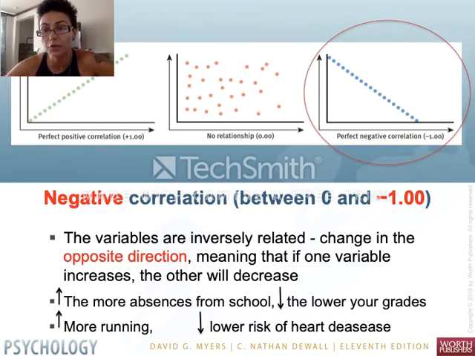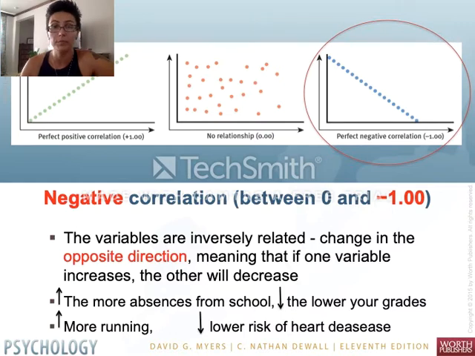One is going to be increasing while the other one is decreasing. That's all you will be able to say. And again, as far as the coefficient of this correlation, the maximum value of this negative correlation will be -1. If it looks like a perfect straight line, just like on the graph, its value will be -1.